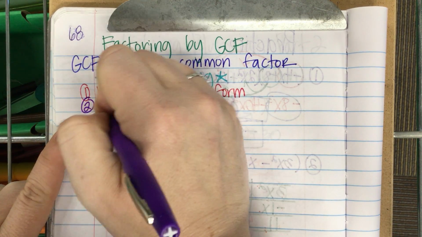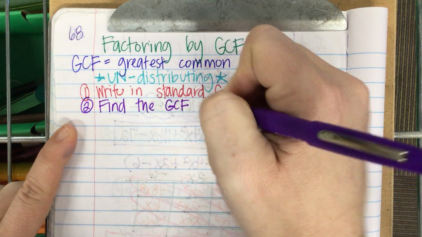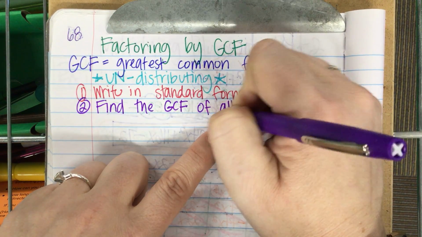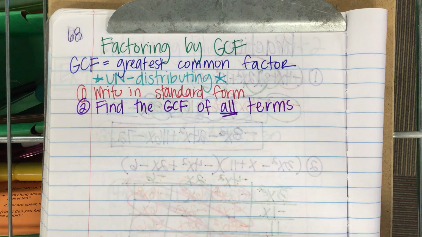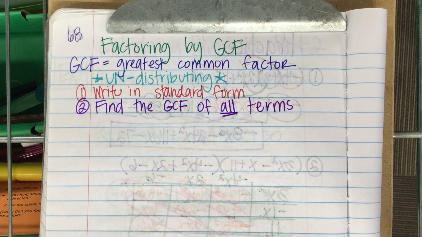We're going to find the GCF, greatest common factor, of all the terms. So if you have 3 terms, it's a trinomial. You need to look at all 3 terms and say, what can each term be divided by that's in common?